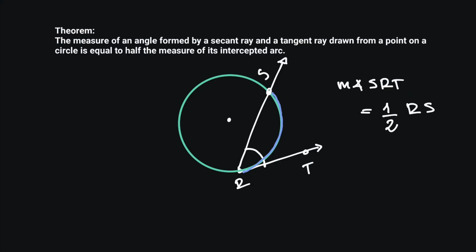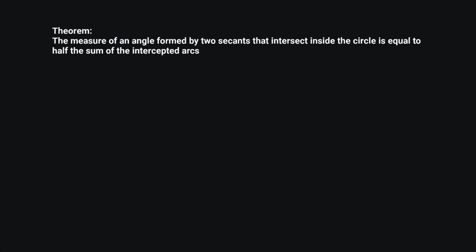For the next theorem, we have that the measure of an angle formed by 2 secants that intersect inside the circle is equal to half the sum of the intercepted arcs. Again, we have a circle. Let's draw a circle, and we are going to have 2 lines intersecting inside the circle. Let's define the center.